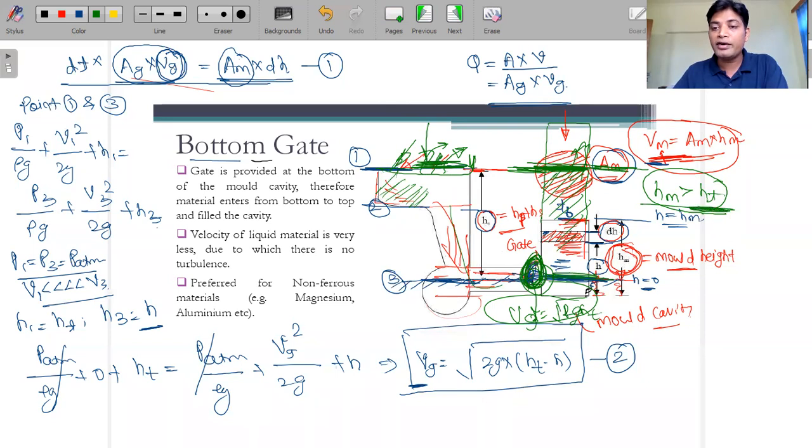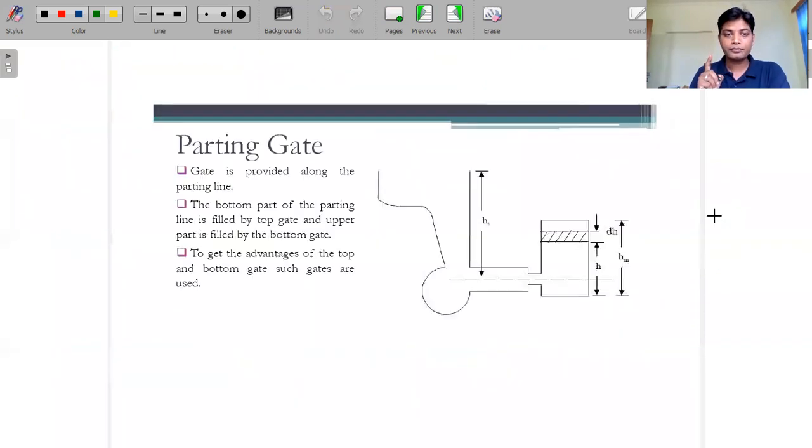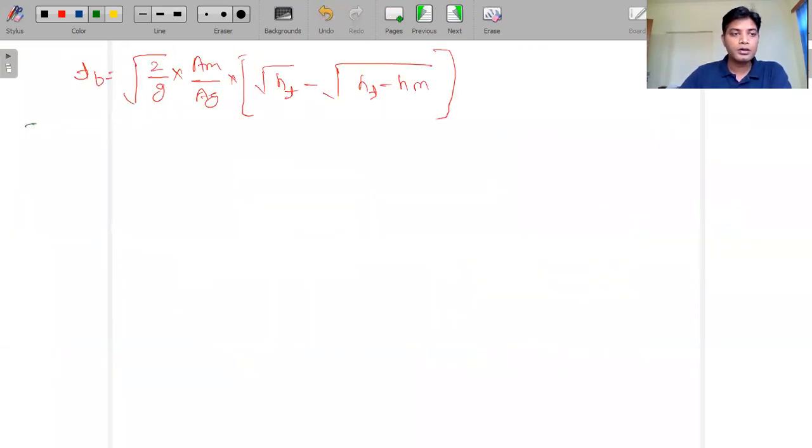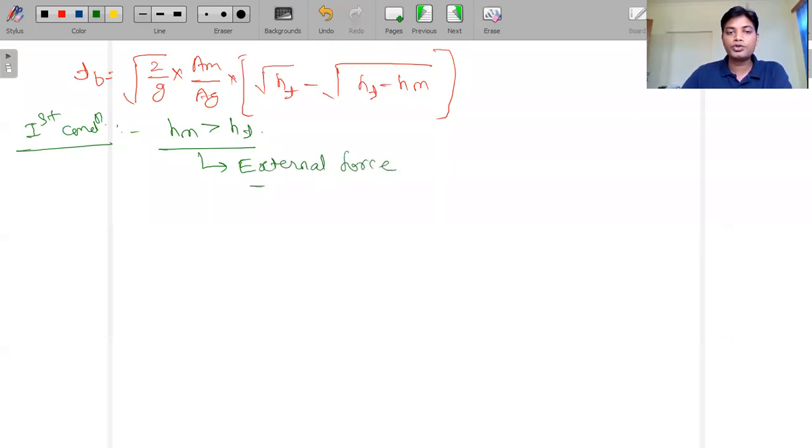So this is the first condition: if we have to go to Hm which is beyond Ht, then we have to use an external agency or external force to fill the height beyond this Ht.